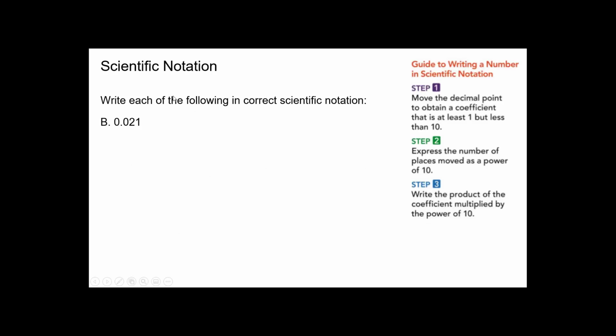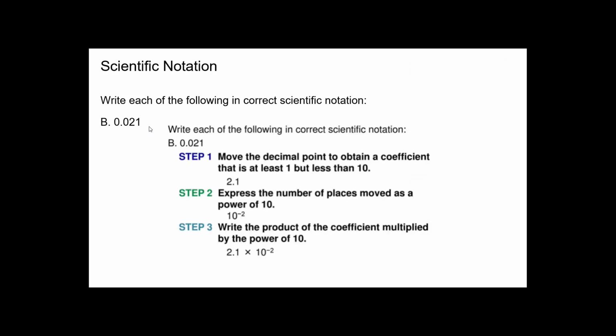Now let's do the same steps for something that is less than 1. So here we have a number that is in the tenths, hundredths, thousandths place, and we need to be able to accommodate for that, or show that that's what we're dealing with. Same thing. So we are going to now move this decimal point. 1, 2.